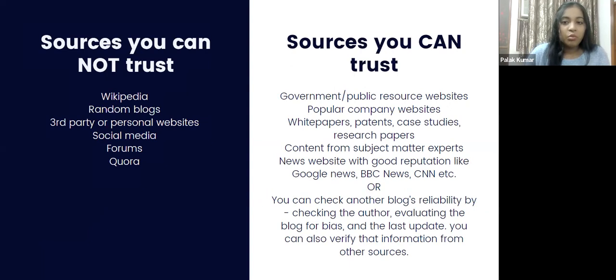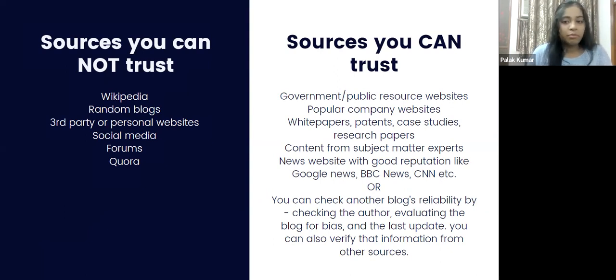Now coming to what are the sources you can trust and what are the sources you cannot trust. Sources you cannot trust include Wikipedia. Wikipedia is a very common source that everyone uses, but please do not do that. It's written by people, and it's not at all reliable.